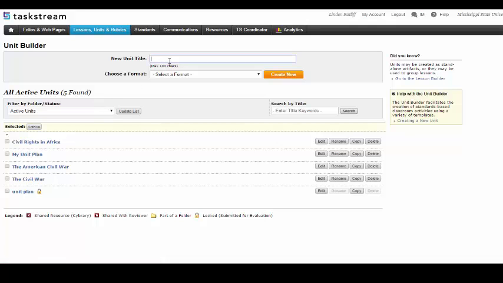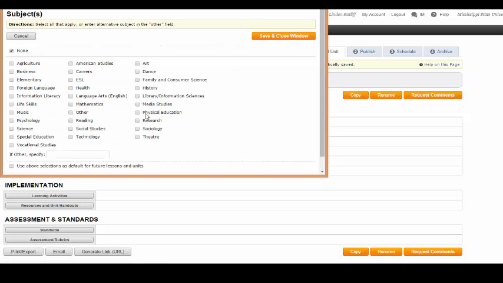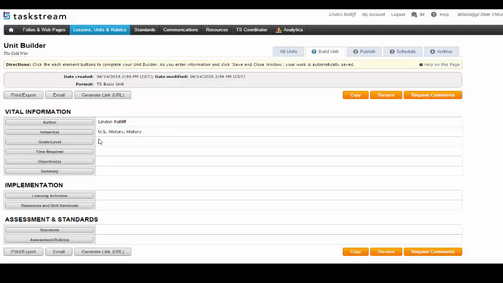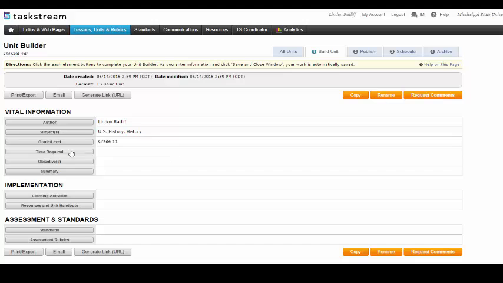So let's do the Cold War. Now you'll have to do this no matter what. The Cold War. TS Basic Unit Plan Create. Now, it asks the same questions. So this is the shell of the unit plan. Subjects, history, and you just plug in all this information as before. You're creating your unit plan.